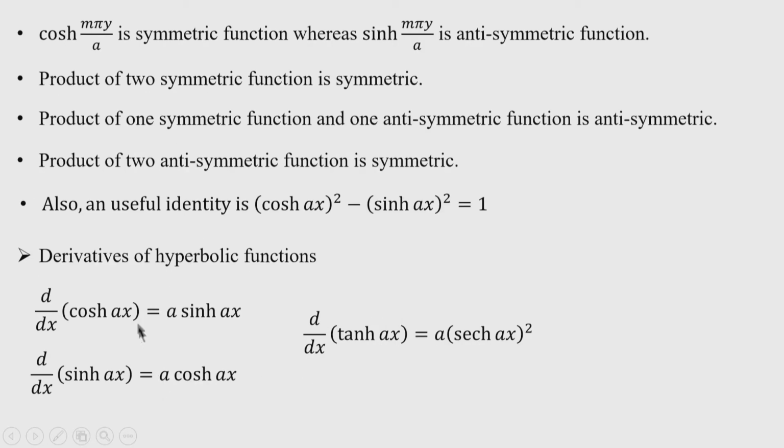Derivatives are also important. The derivative of cosh(ax) is sinh(ax), the derivative of sinh(ax) is cosh(ax), and tanh(ax) is like that. Now, the cosh function is symmetric and the sinh function is antisymmetric.